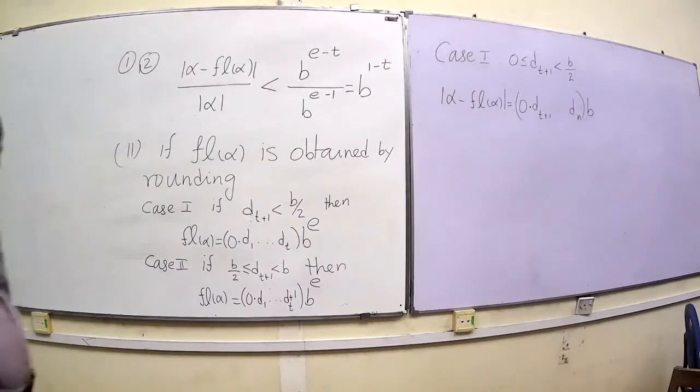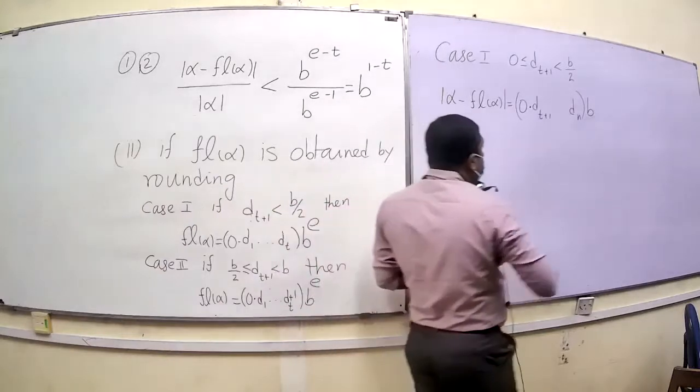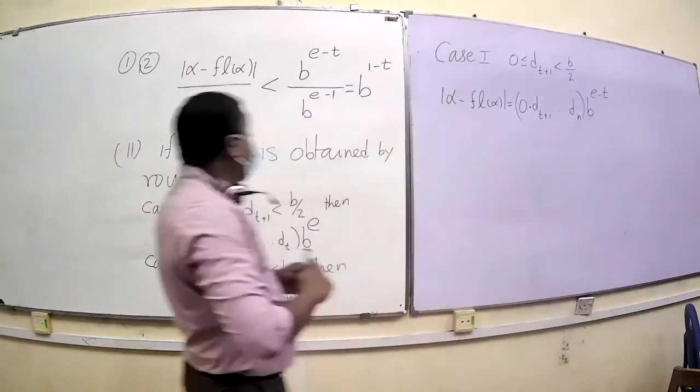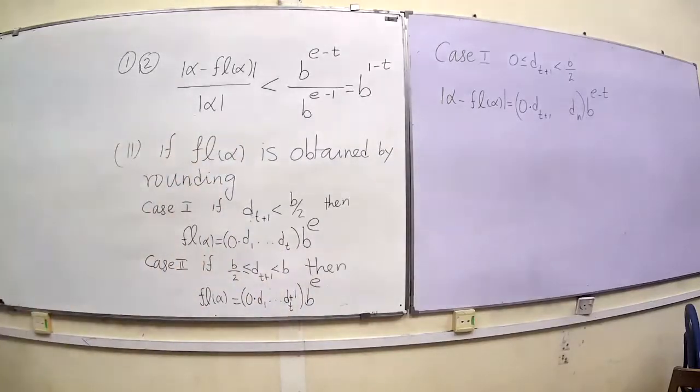So you all know that. According to what we learned already, we already know how to write alpha minus FL of alpha. So you do it again here. In this case, you know FL of alpha is this. So when you subtract, you have this, and you don't have to worry about any other things. So this is 0.d t plus 1 up to dn.